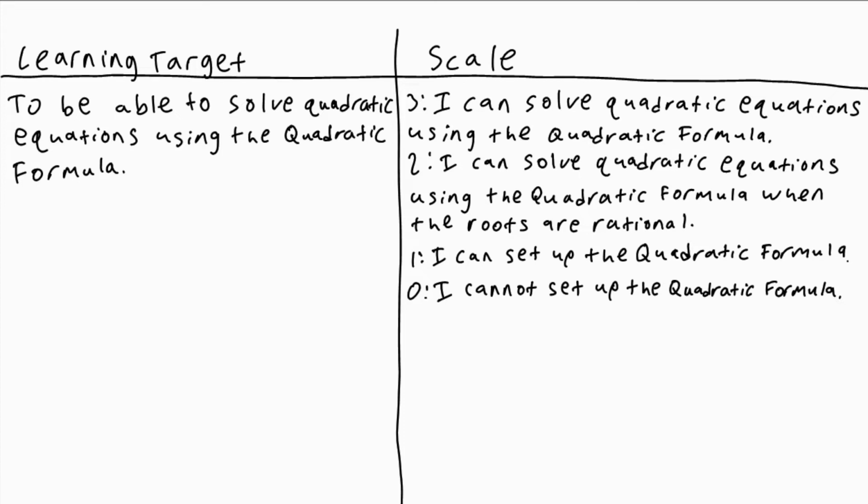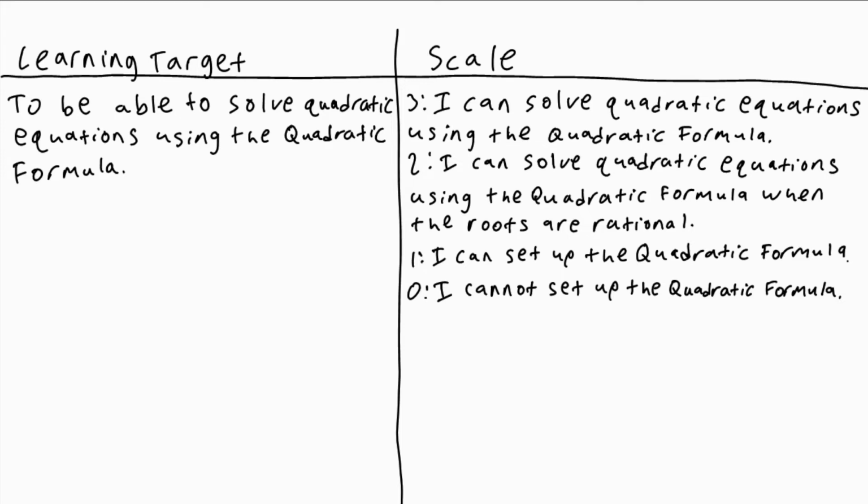The scale for today is you're a 3 if you can solve quadratic equations using the quadratic formula. You're a 2 if you can solve quadratic equations using the quadratic formula when the roots are rational, and the roots are the answers. So when the equation is 0, the roots are what the answers are.